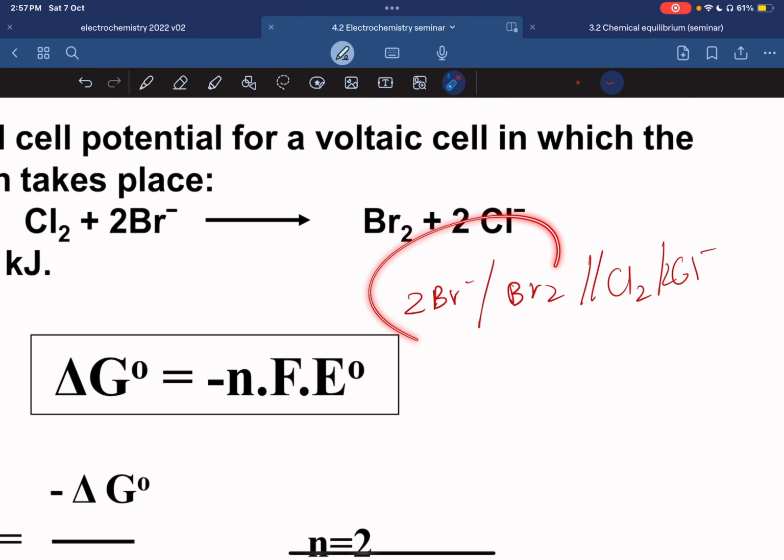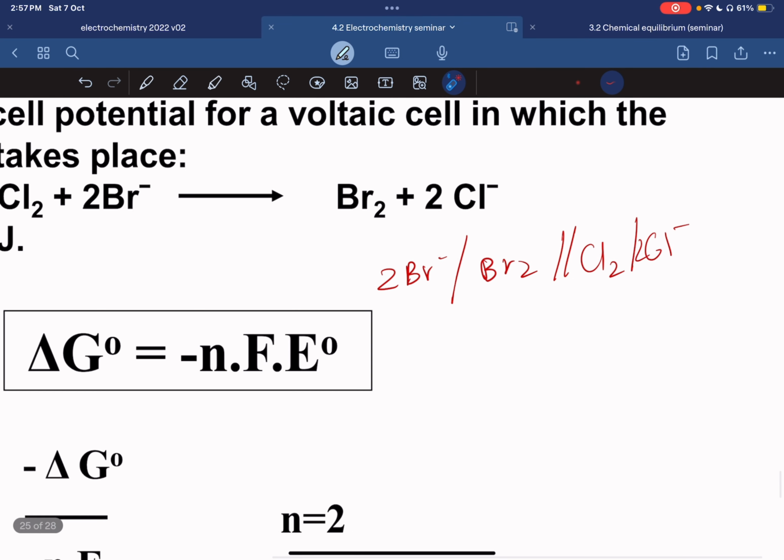On the left, we have our anode oxidation part. Over here, we have cathode reduction part. Okay, and then we can see what we do for finding out the n. Two electrons are being lost, and over here, two electrons are being gained.